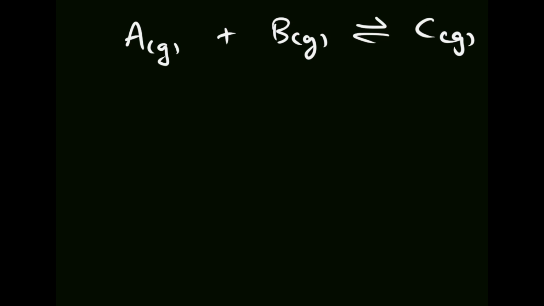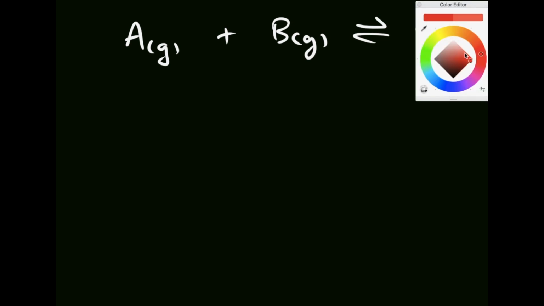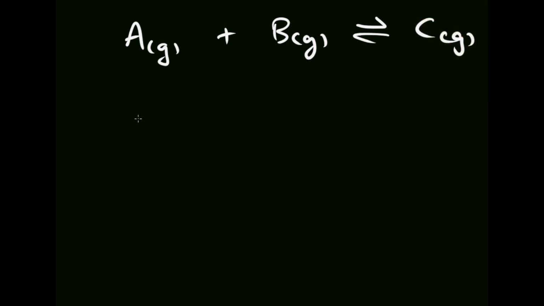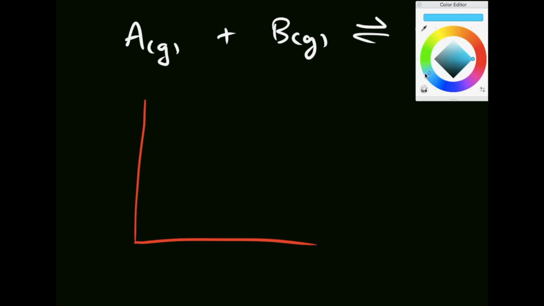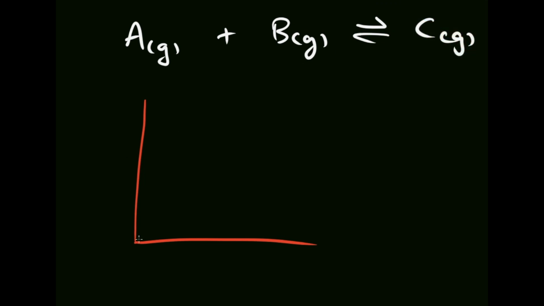Let me just draw out a table for us to understand this easily. But let's just say initially we add in A gas and B gas at time equals 0.